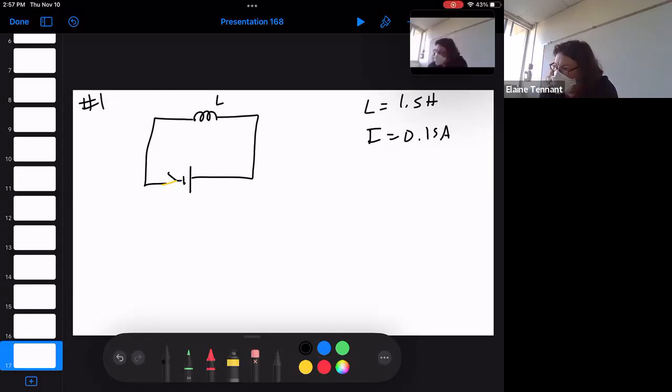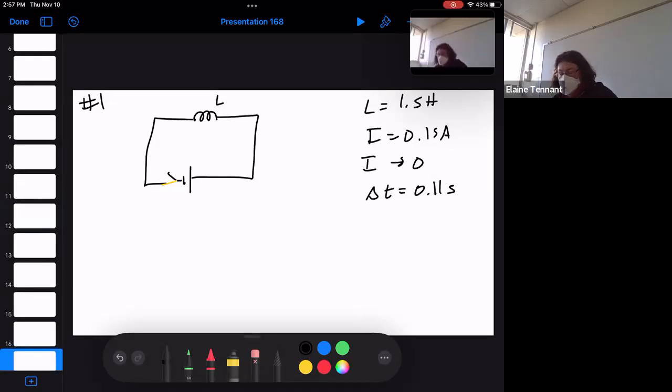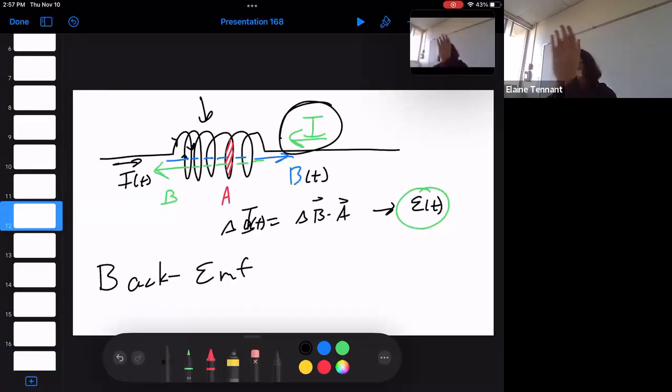When the switch is open, the current goes to 0, but it doesn't happen all at once. And that's actually something I'd like to talk about. It takes about 1/10 of a second. Because let's think about what inductors do. If I turn on a current, they had 0 current before, now all of a sudden they see a current, they try to block that. What if I turned off a current? They would want it to keep going, right? They would see this magnetic flux go away.